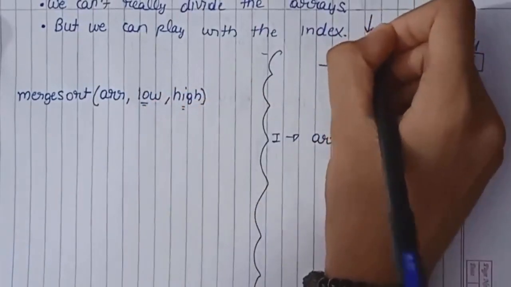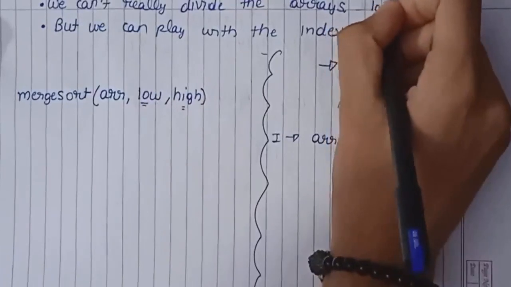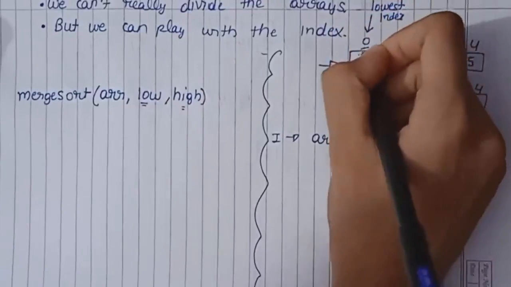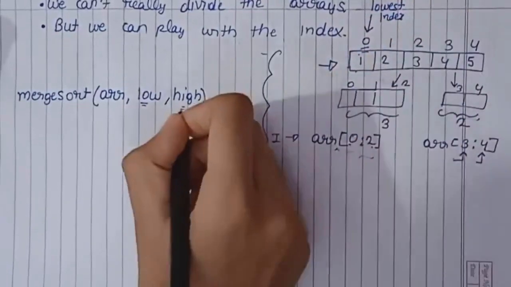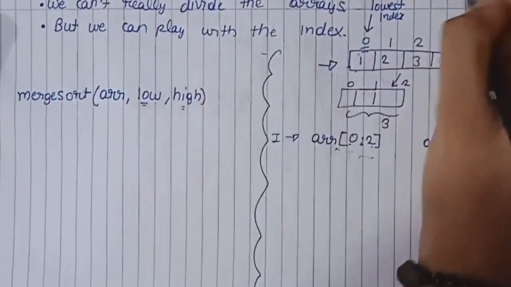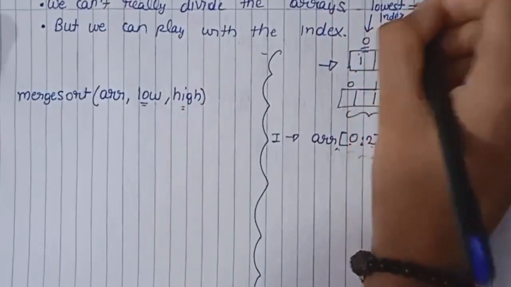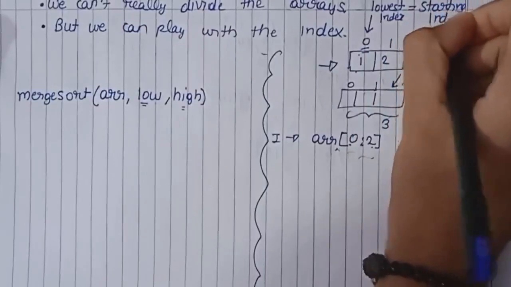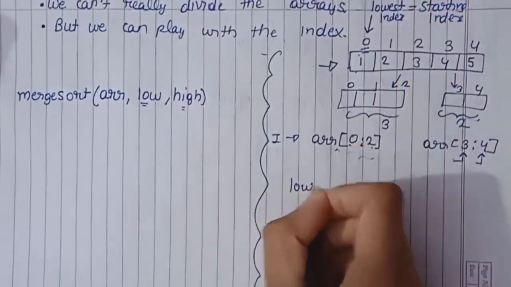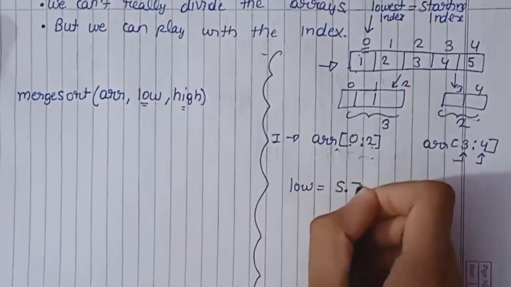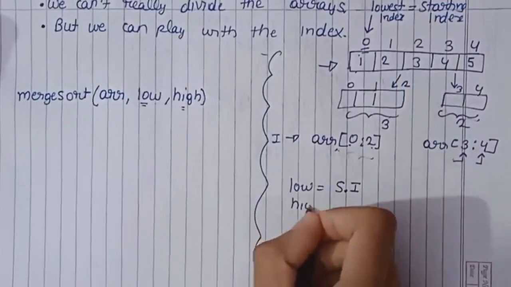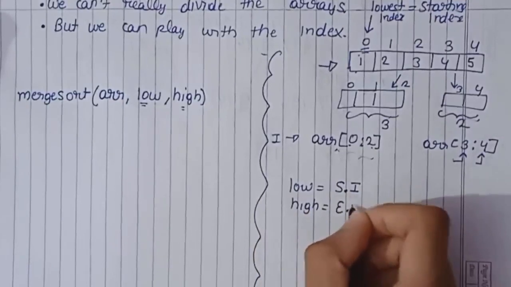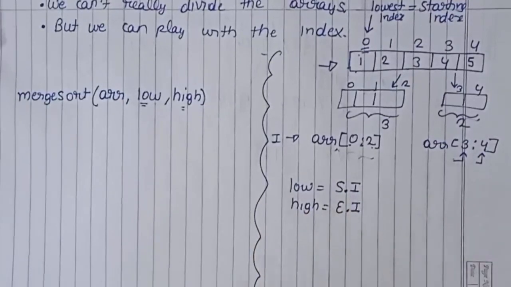Low means the lowest index of the array, which is 0 here, or I can say the starting index, and high symbolizes the ending index for your array.